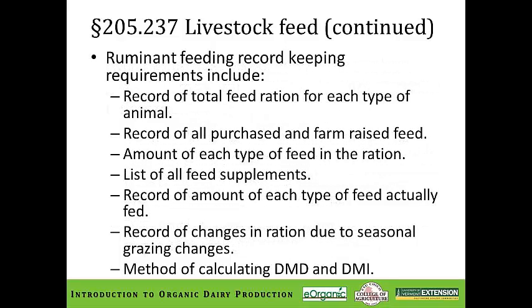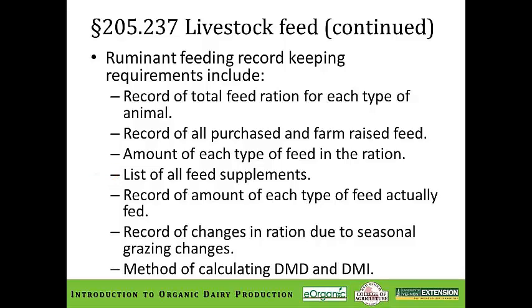Going into some more of the detail in the livestock feed section, this is the record-keeping requirement. Records are required to be kept of the total feed ration for each type of animal. A record of all purchased and farm-raised feed must be kept. Record of the quantity of each type of feed in the ration, and a list of all of the feed supplements used must be kept.